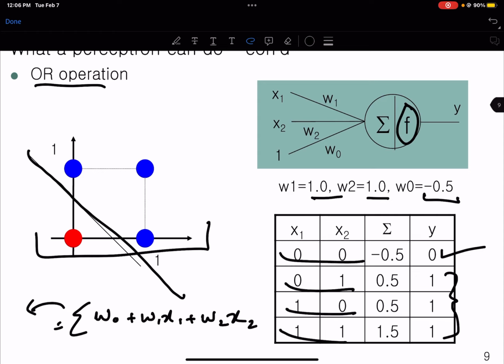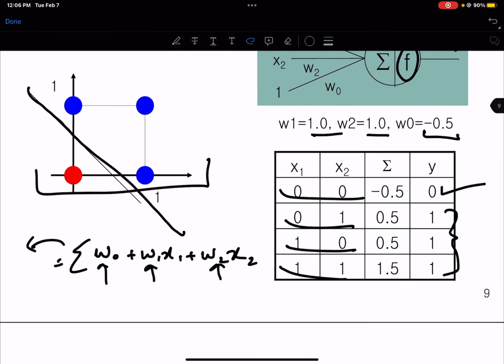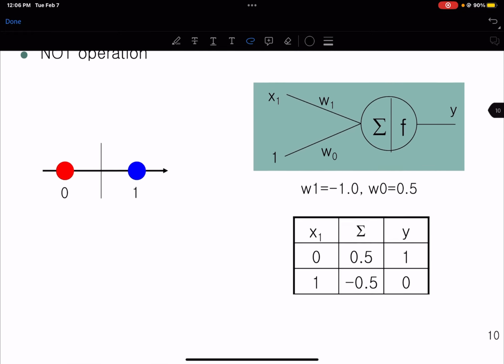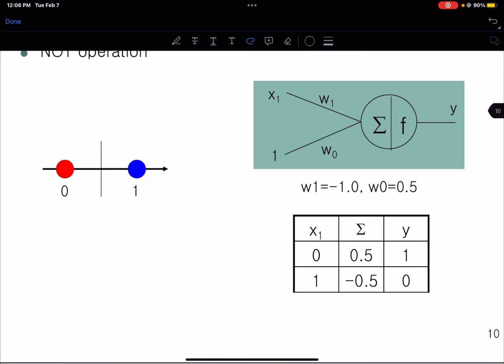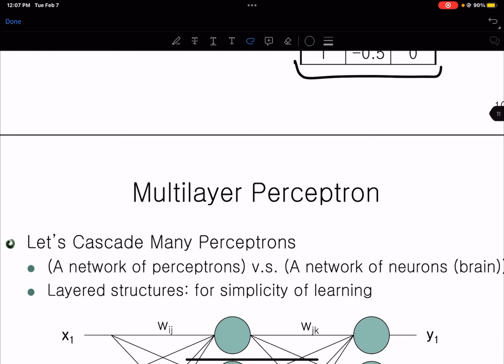The important factor I mentioned was that the setting of the weight values is important to convert our problem into either an OR or AND operation. And for a NOT operation we only need one variable and set the weight values accordingly so that this neuron can work as a NOT operation.